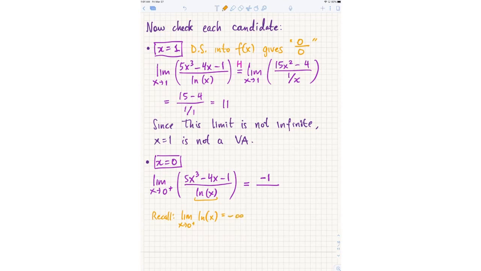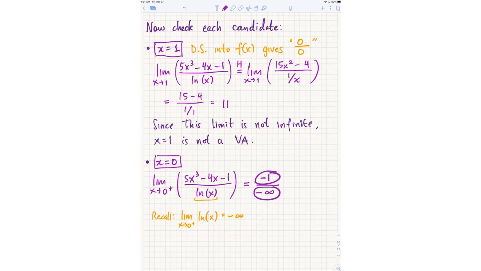So I can now put that in here. I get -1 over negative infinity. Is that an indeterminate form? Is it undefined? Do we use L'Hopital's rule? What would you say about -1 over negative infinity? 0, that's correct. If I have a finite number divided by infinity, keep in mind what that means.